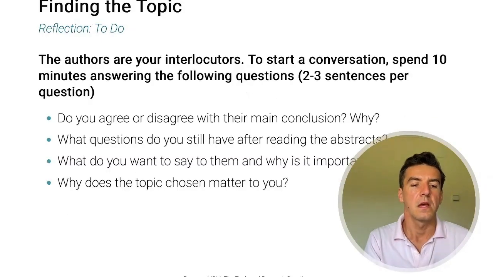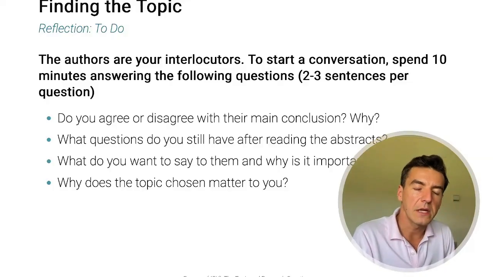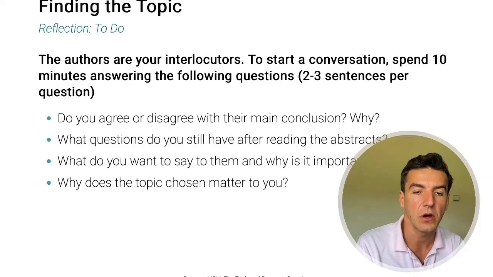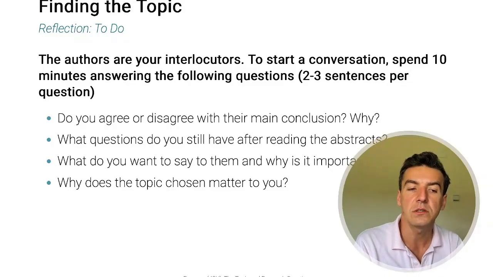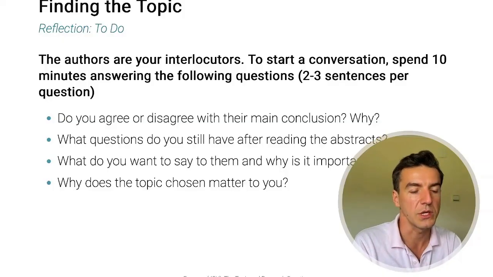Okay. Another homework, another thing to do here after you've highlighted the verbs that the authors are using, is to start a conversation, right? So spend the next 10 minutes writing 2 or 3 sentences in response to these questions.